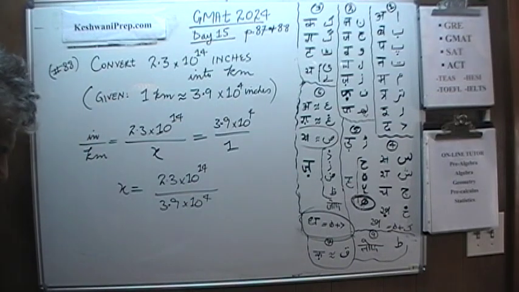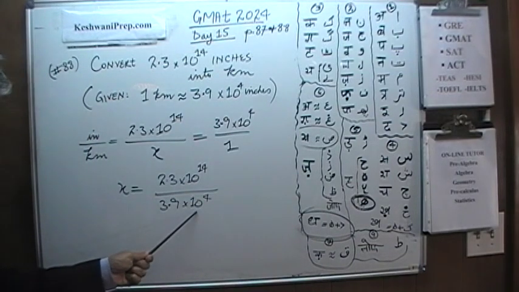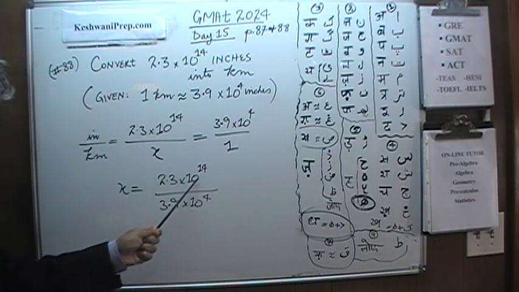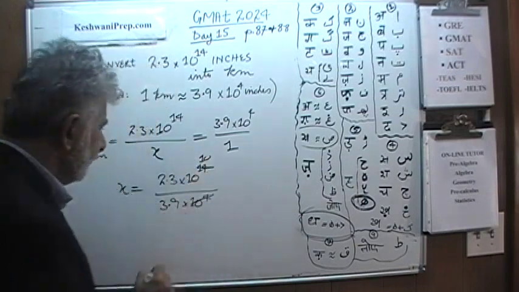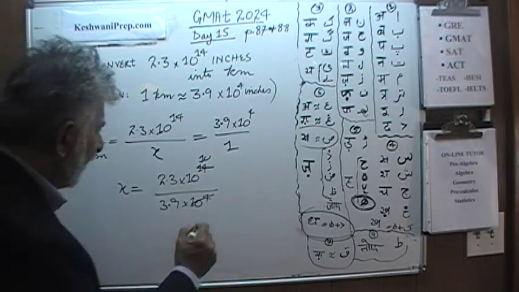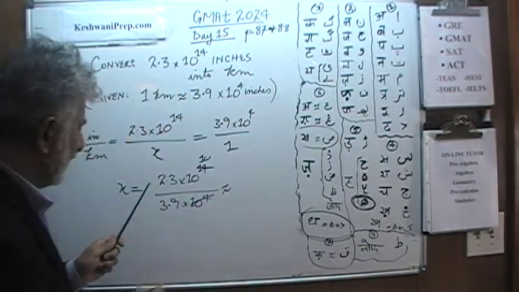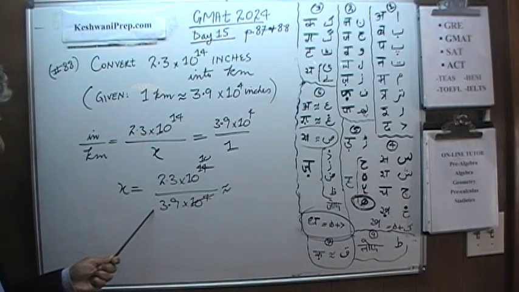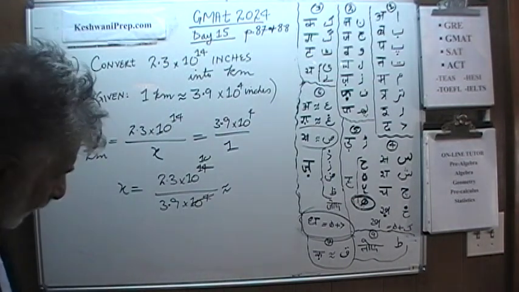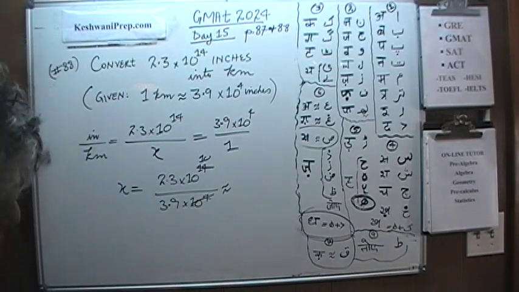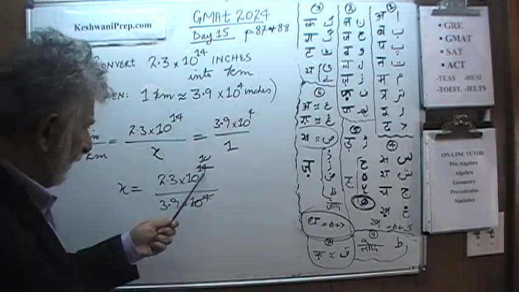Let's carry on then. So we see 10 raised to 4 on the bottom. I see 10 raised to 14 on the top. Let's divide top and bottom by 10 raised to 4, so the 14 becomes 10. And since we're looking for the approximate answer, instead of wasting our time with 2.3 and 3.9, and instead of making it too complicated, we have done this part.